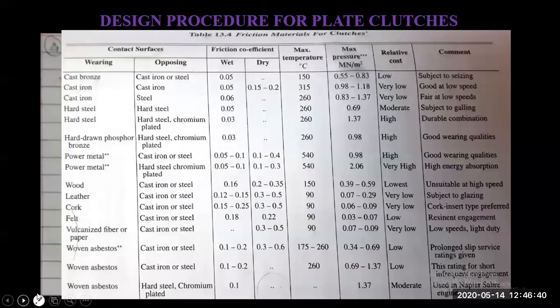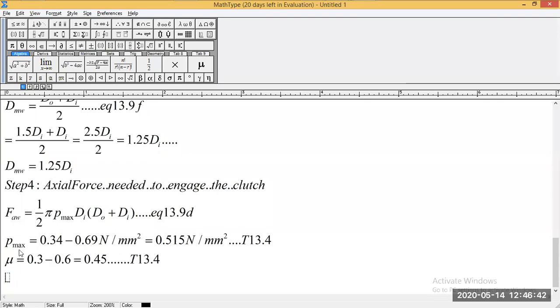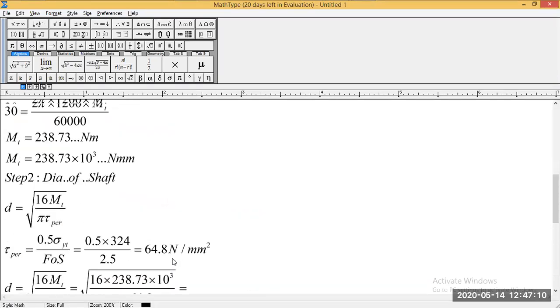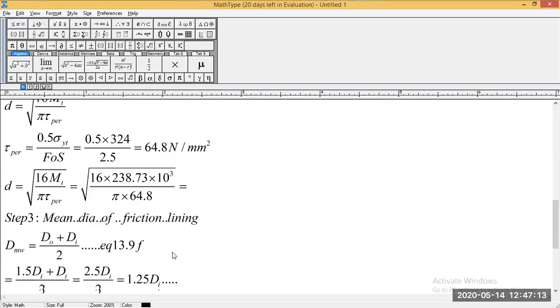Right. So next, we need to solve this. Let's simplify this further. Use this equation here, and now we know P max, 0.515, into di, and d naught we will write in terms of 1.5 times di, right?